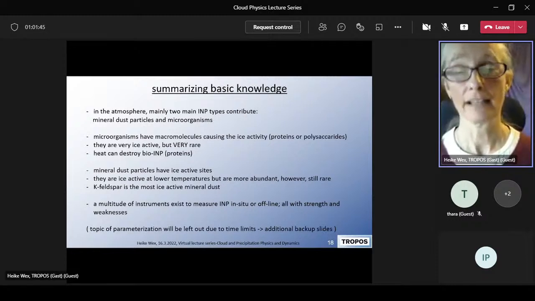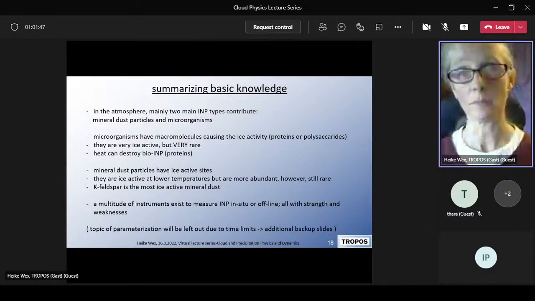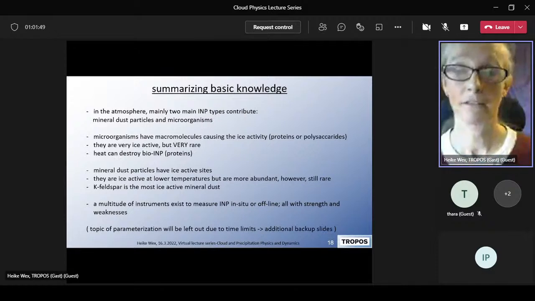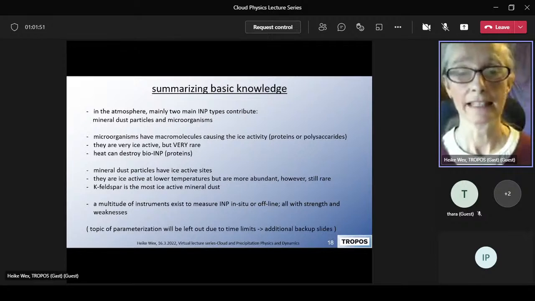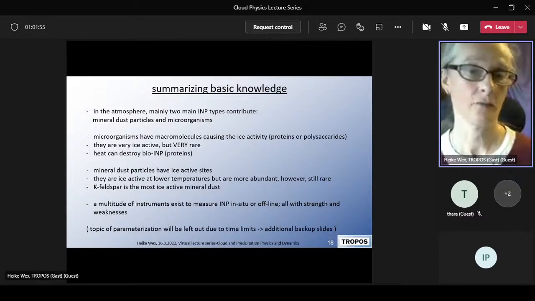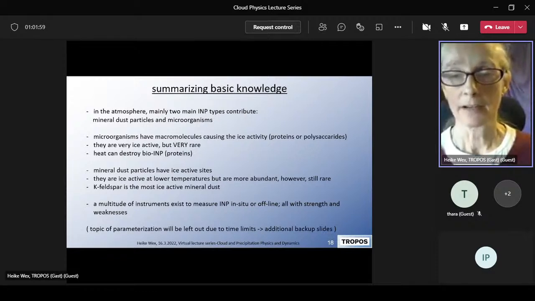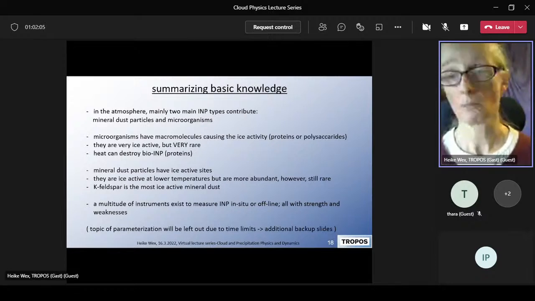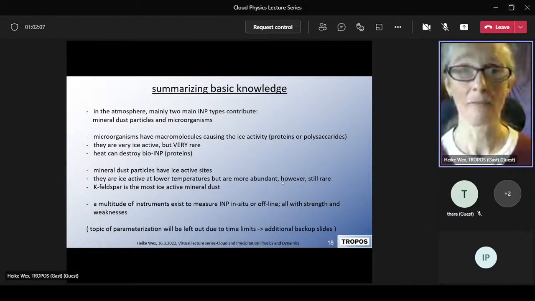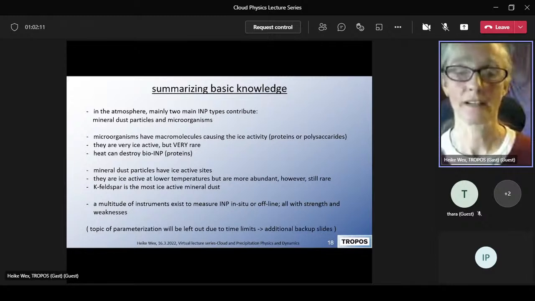And they are very ice active. You saw that, it's that biobump at the high temperatures, but they are very rare. And heat can destroy the proteins, so that is used to see if they were present in the samples. Mineral dust particles have ice active sites, and they are ice active at lower temperatures, but more abundant in the atmosphere. However, more abundant means they are still rare. And potassium feldspar is the most ice active mineral dust.